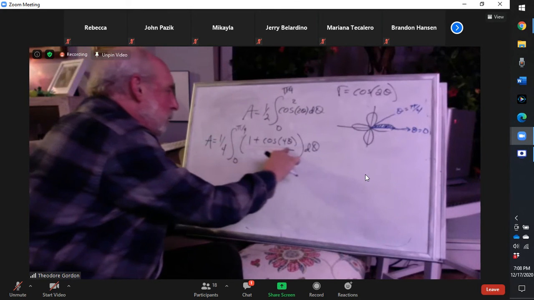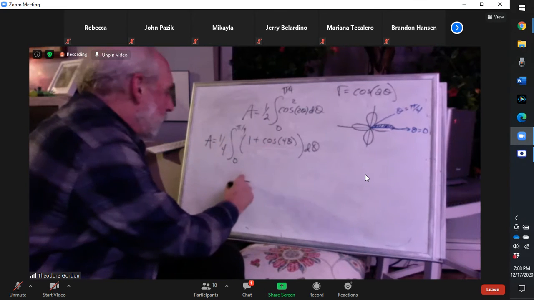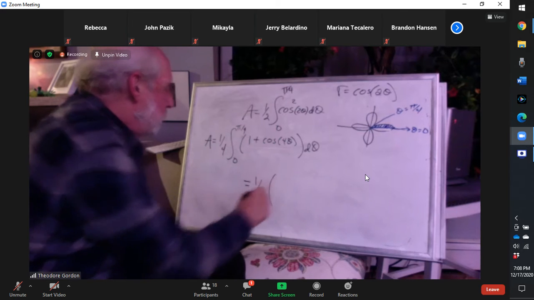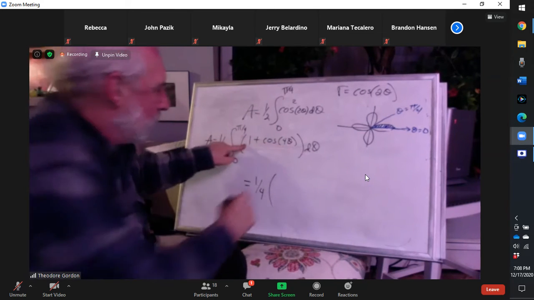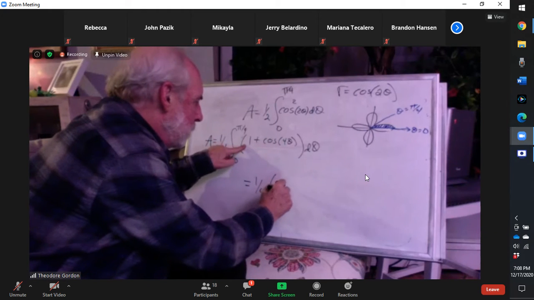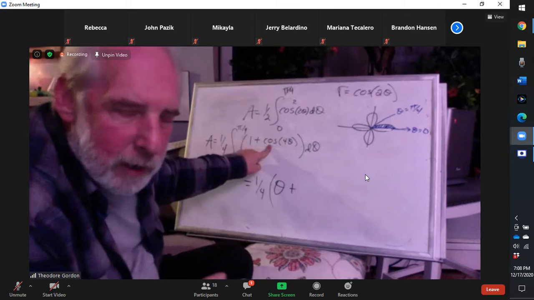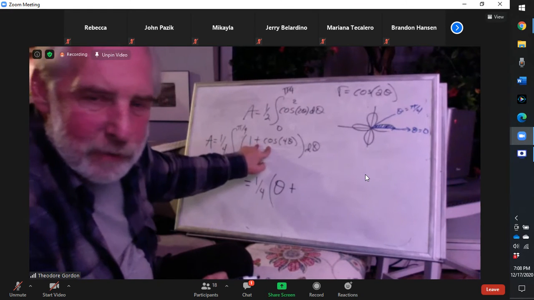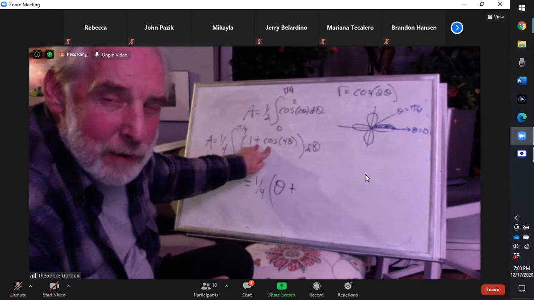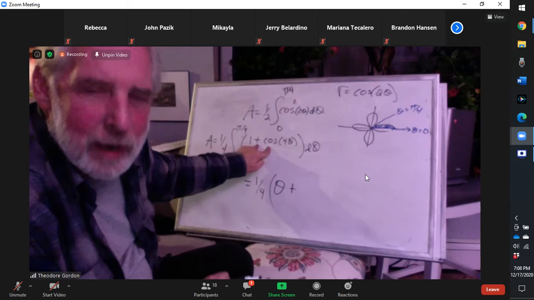Now I don't need this line anymore. And now to do this integral, we get 1/4. The integral of 1 d theta, the integral of 1 is just theta, plus the integral of cosine. Is it positive sine or negative sine? We're doing the integral of positive cosine. Do we get negative sine or positive sine? Positive. Yeah, positive.